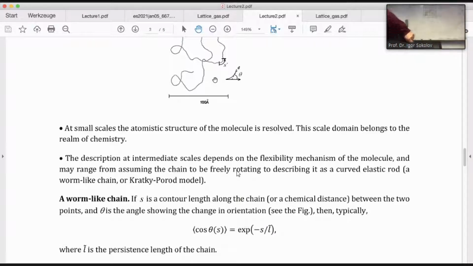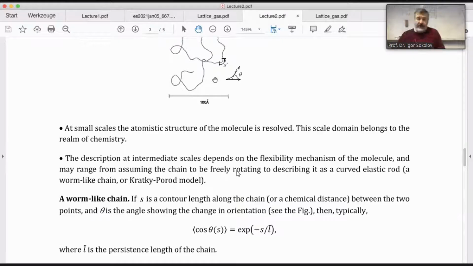But although it's very hard to bend at the very small scales, you can easily bend it at the large scales. And here there is another model, not more complicated than the freely rotating chain. This is the worm-like chain. This is for something which is either stiff or bulky.